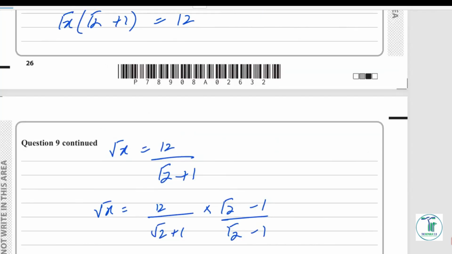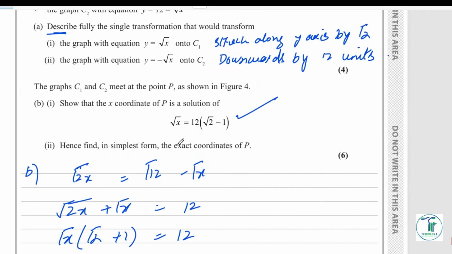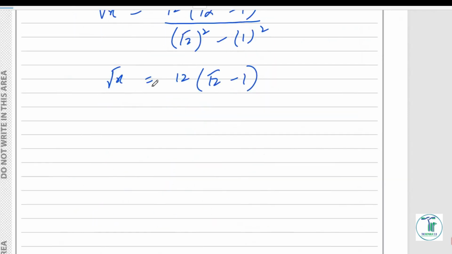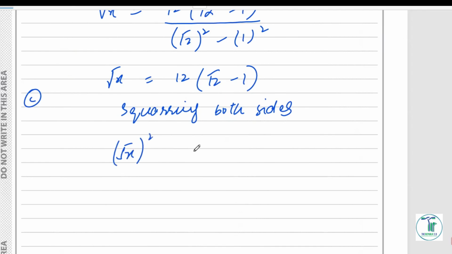And that is what he was asking us. Now, in the simplest form, find the exact coordinates of P. So let me get x from here, and then I'll get y. To get x, I need to square both the sides. For the C part, I'm just going to square both sides. So by squaring both the sides, I must be having under root x square is equal to 12 times under root 2 minus 1 whole square. This square cancels out the square root.